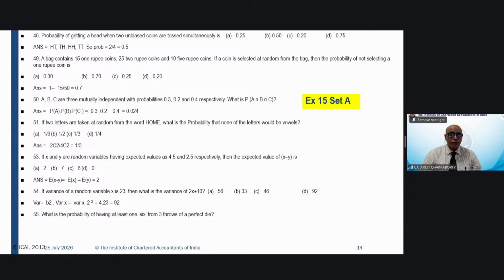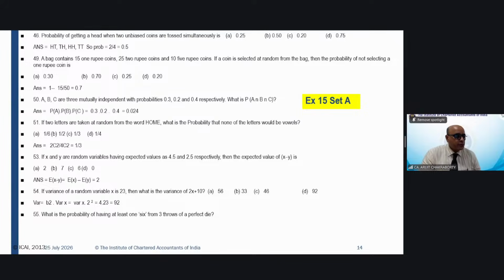Now, say y equals 2x plus 10. Variance we know is the square of the standard deviation. So the formula for the variance of y is b square into the variance of x.